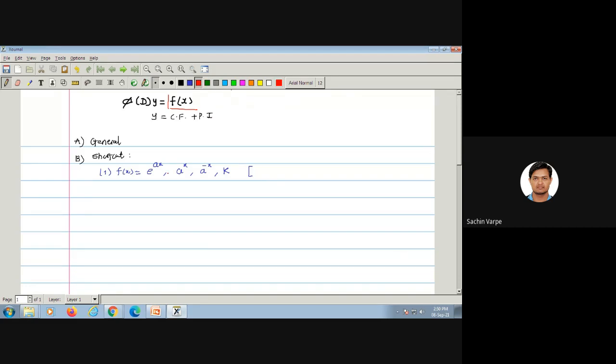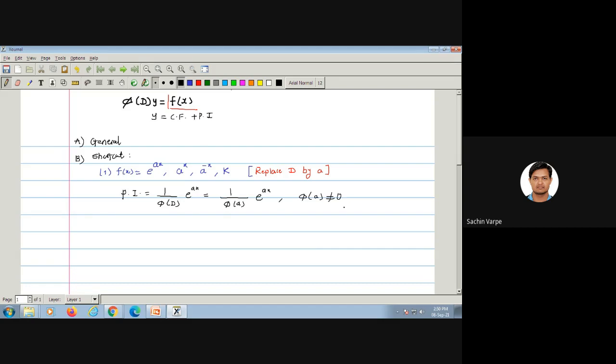What we are doing in case of exponential function is replacing D by a. So the particular integral is 1 upon phi of D into e to the power ax, which equals 1 upon phi of a into e to the power ax, provided that phi of a must be non-zero.